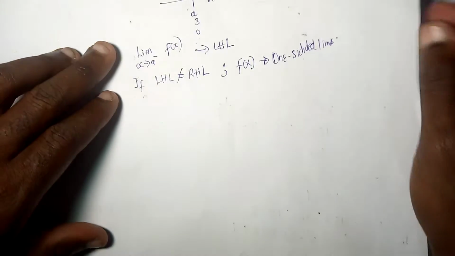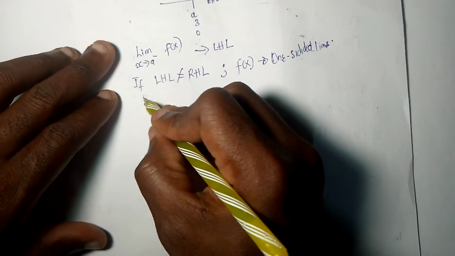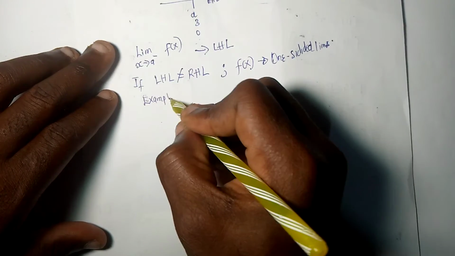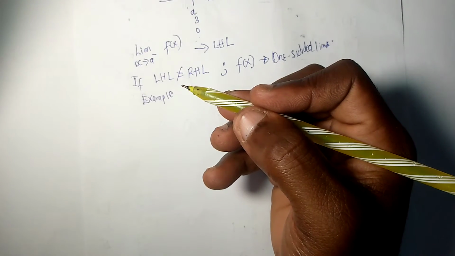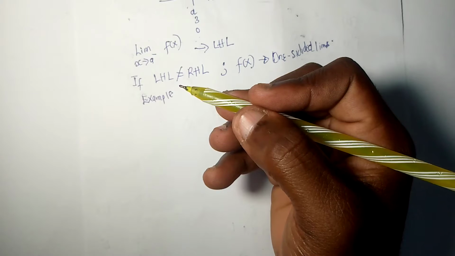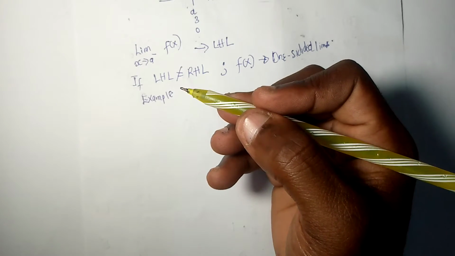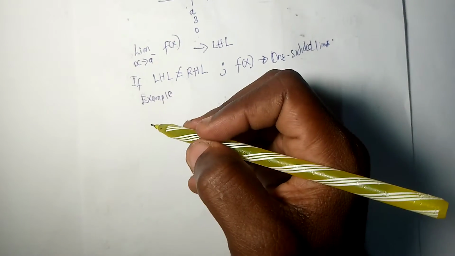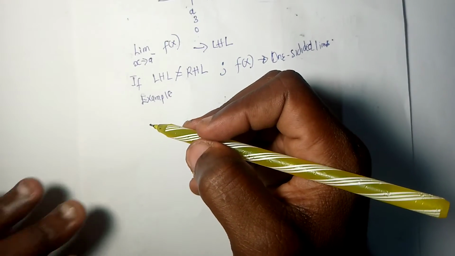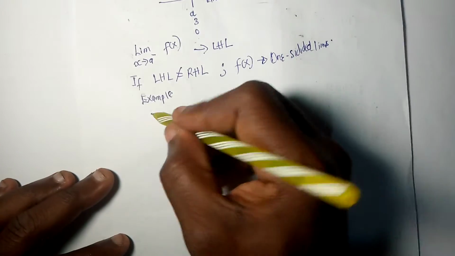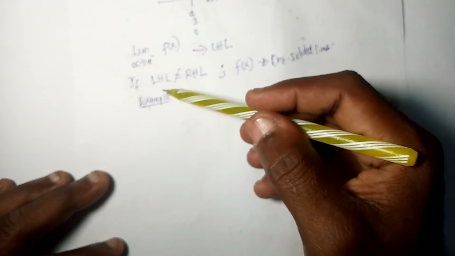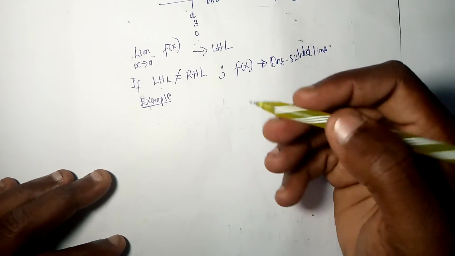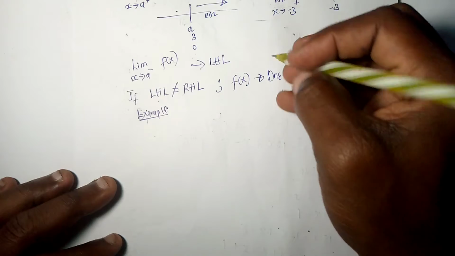We are going to have one example and one exercise. The question says, show whether the following limits are unique or one-sided. If the left-hand side limit is equal to the right-hand side limit, we usually say that the function has a unique limit.